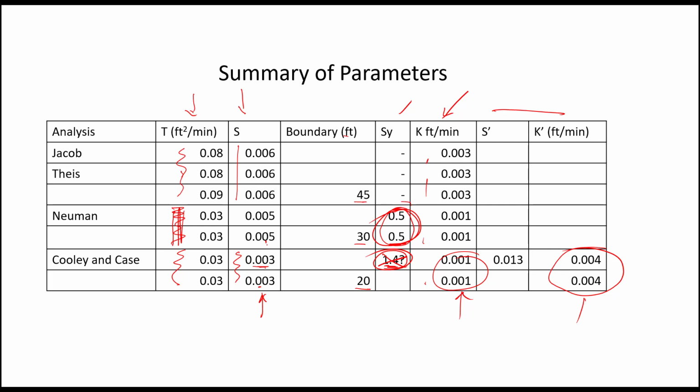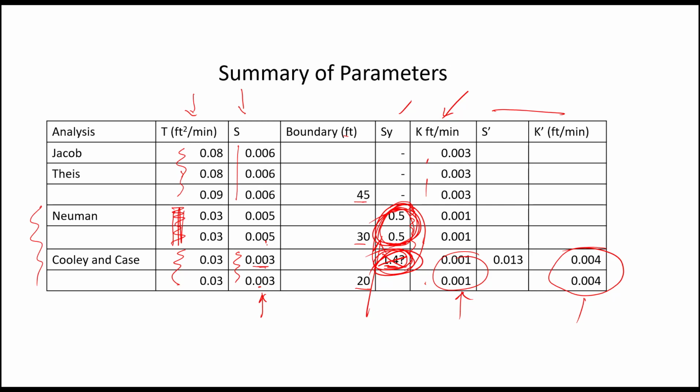But remember, for these values of 0.5, that's what we said was the upper limit. So one of the things we can say is that both of these analyses that include the water table fit the data pretty well, but they're not able to really constrain the specific yield value very well, because this one is just not right, and this one is just the maximum value that we specified.